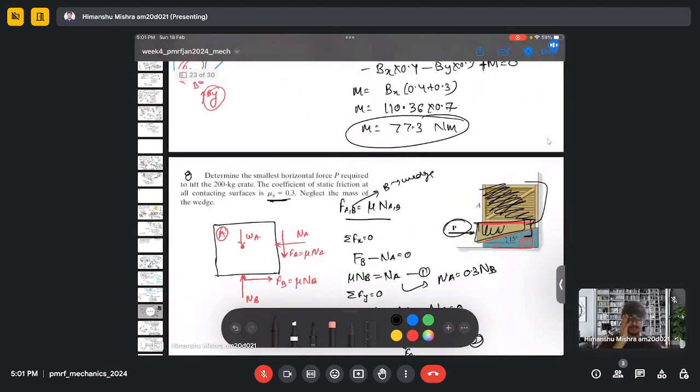It doesn't matter if you have a two wedge or two body system, like this kind of a body. You always try to do the summation of force and moment separately for each body, and then keep calculating the forces by summation of forces at each body, and in that procedure you will get the required unknown force.